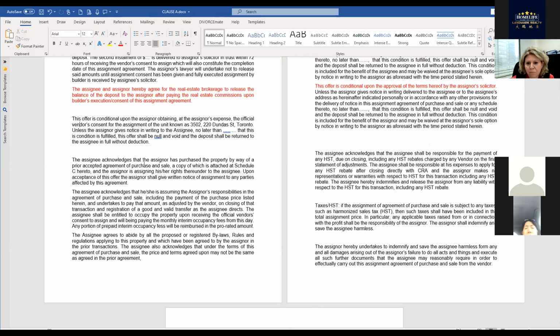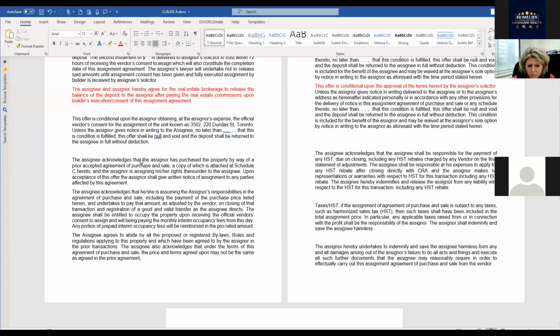So Schedule A: within 2 business days, the assignor shall deliver to the assignee the original agreement of purchase and sale with all the amendments, the disclosure package, and the breakdown of the payments already made.